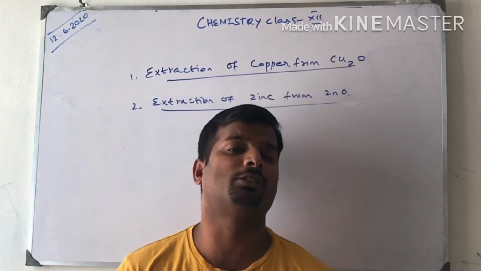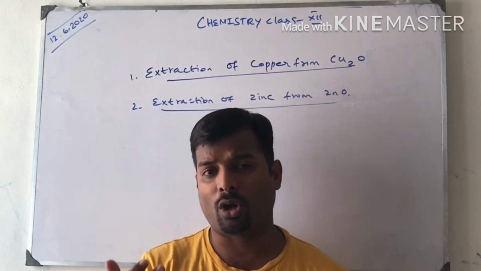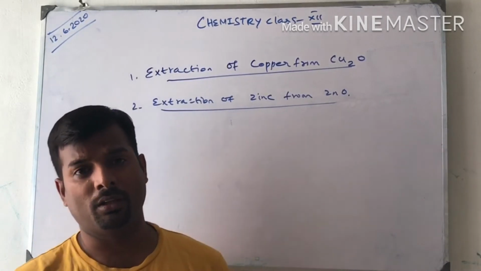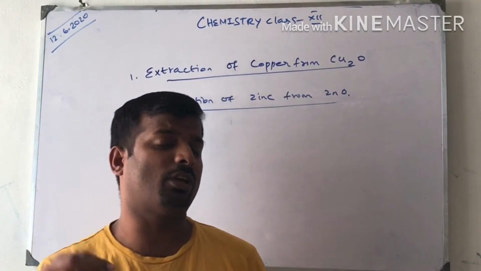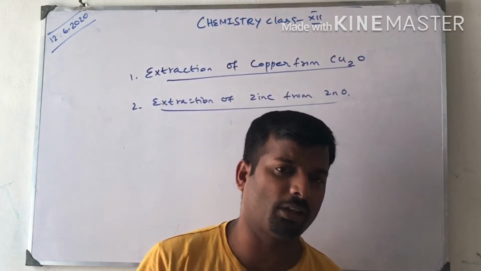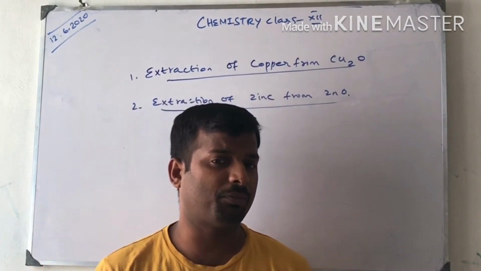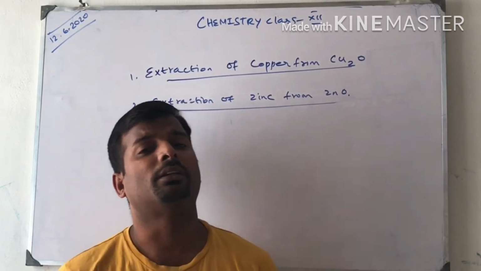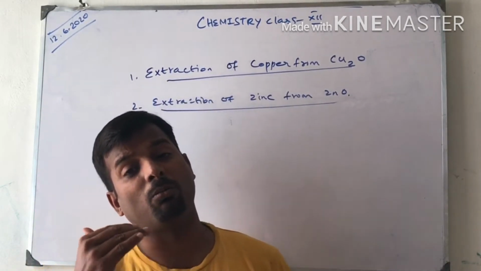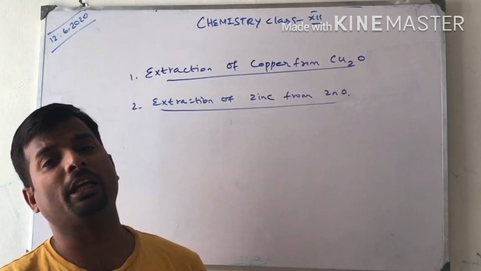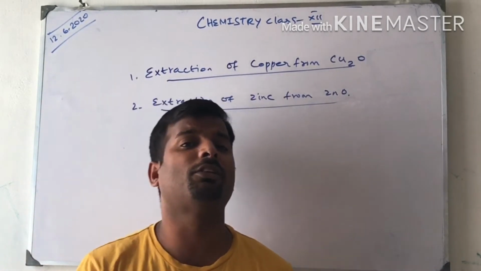What are the passive metals? Copper, silver, gold, platinum, etc. Their EMF value is not negative, whereas the active metals have negative EMF. You can see the EMF table in electrochemistry. The active metals have a more negative electromotive force, which is why they are highly reactive with oxygen.